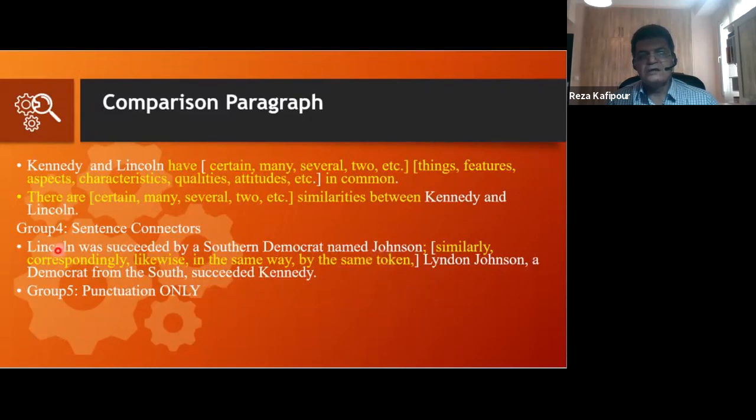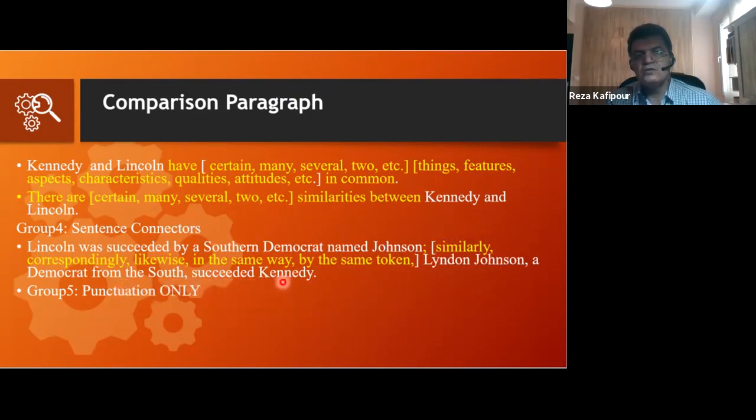We want to say Lincoln and, let's say, Kennedy succeeded by a Southern Democrat. So we use a sentence connector. First, let's say the first sentence: Lincoln was succeeded by a Southern Democrat named Johnson. In the same manner, similarly, Lyndon Johnson, a Democrat from the South, succeeded Kennedy.